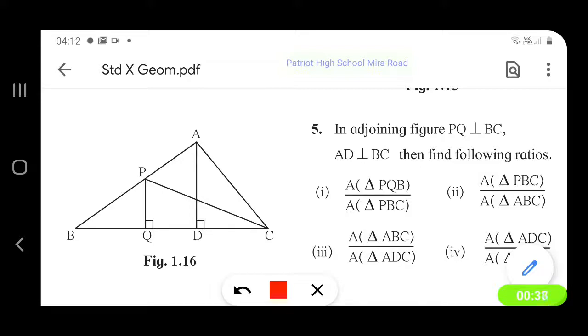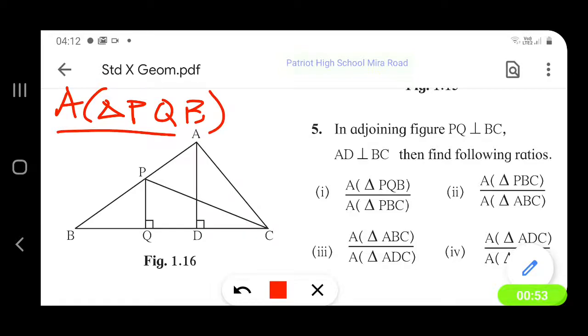Triangle PQB. So area triangle PQB upon area triangle PBC, triangle PBC is equal to the ratio of base into height.